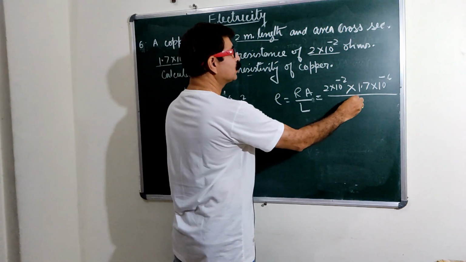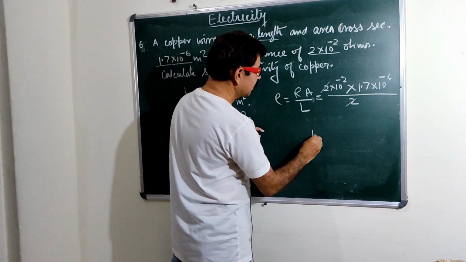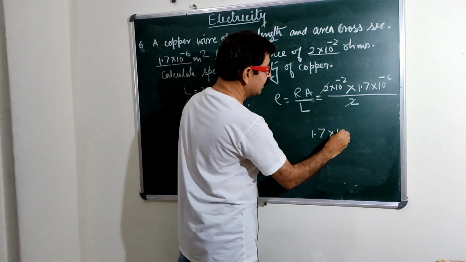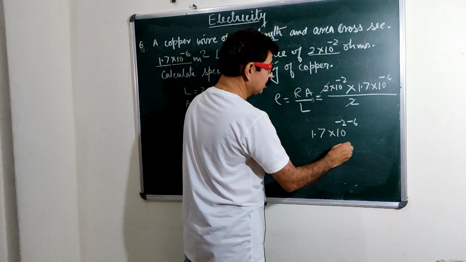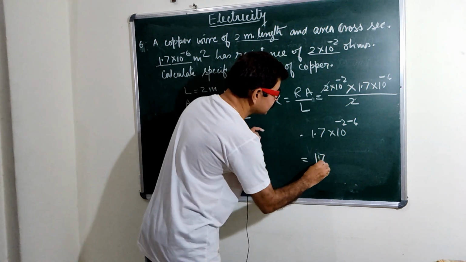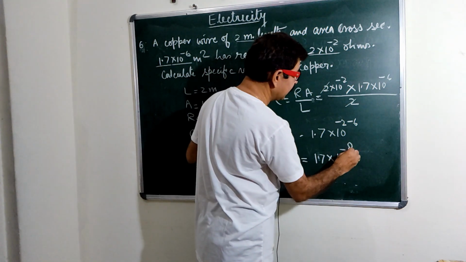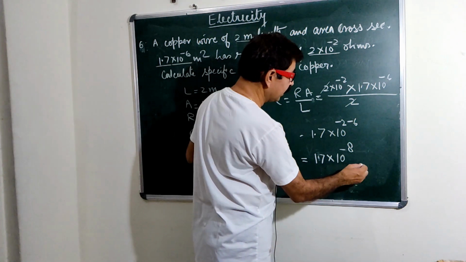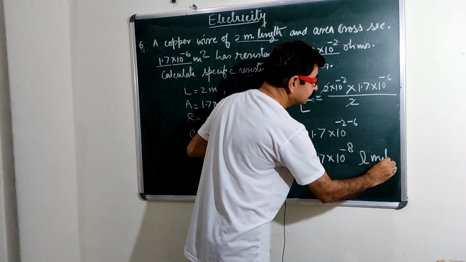So yes, 2 से 2 कट गया, and we are getting answer 1.7 into 10 to power minus 2 और minus 6 दोनों जुड़ जाएंगे, and you will have 1.7 into 10 to power minus 8. Its unit is ohm meter.